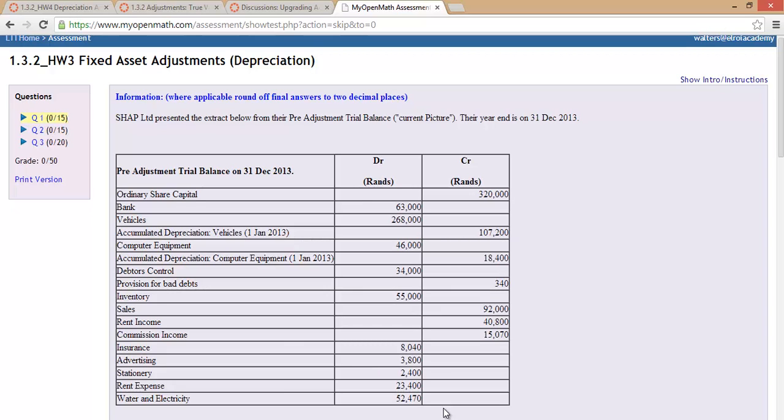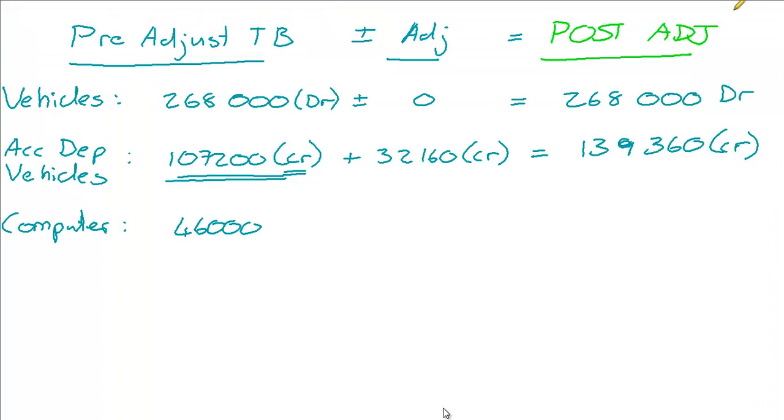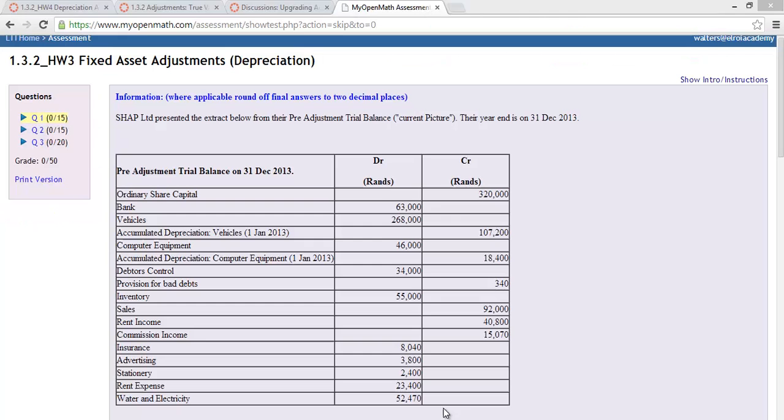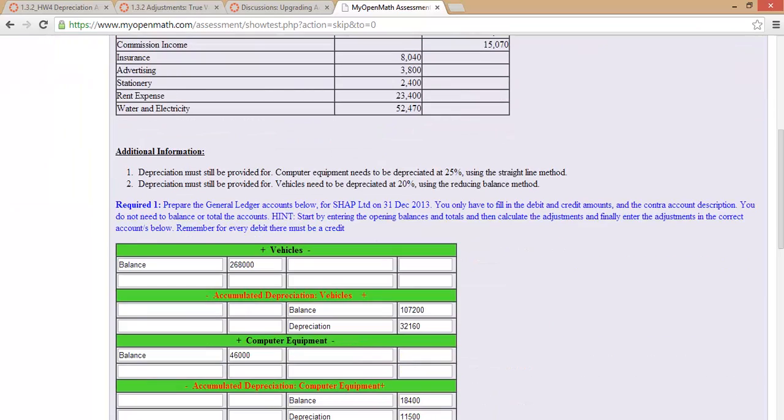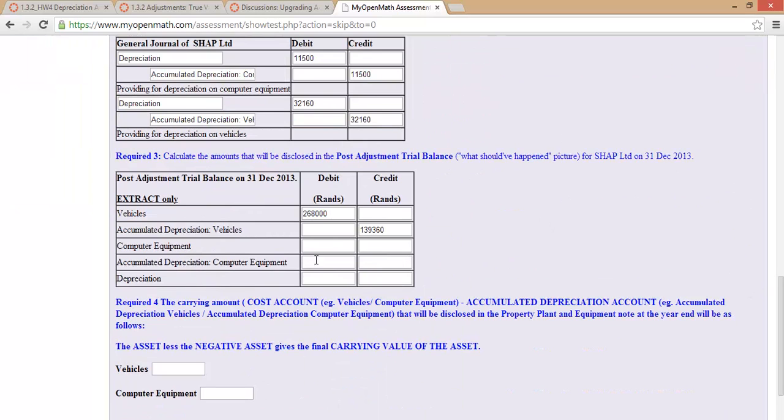Again, we didn't have any adjustments for computer equipment, so that's going to be 0. So my final balance is still going to be the original cost of 46,000 Rand on the debit side. Let's fill that in, 46,000 Rand.